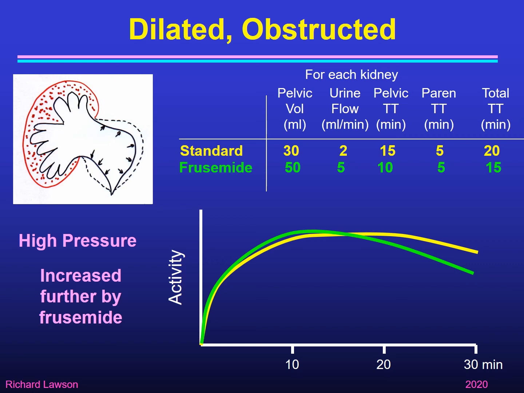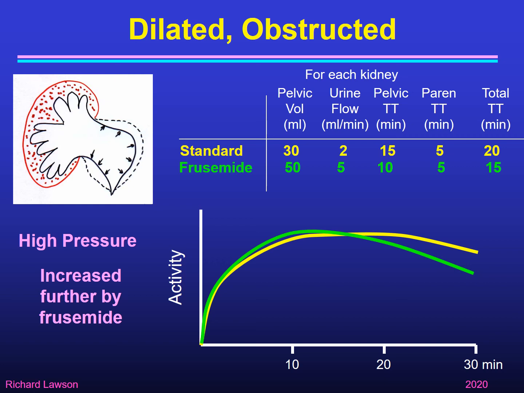So 50 over 5, 10 minutes, is now the transit time through the pelvis. The parenchymal transit time is already increased, so the total of 15 minutes gives this green shaped curve, which is really not very different from the yellow one.